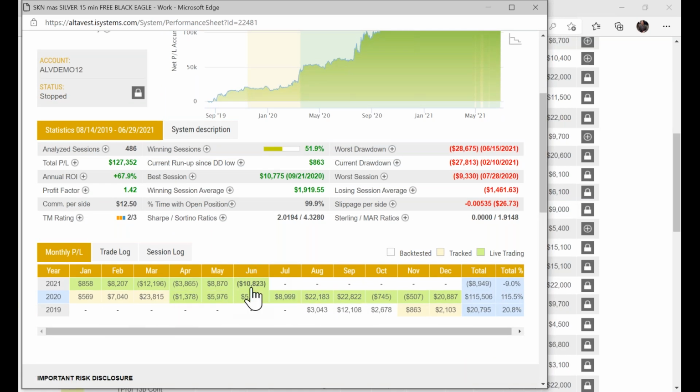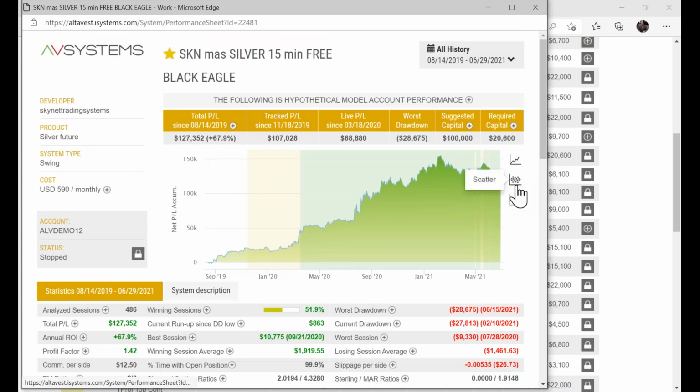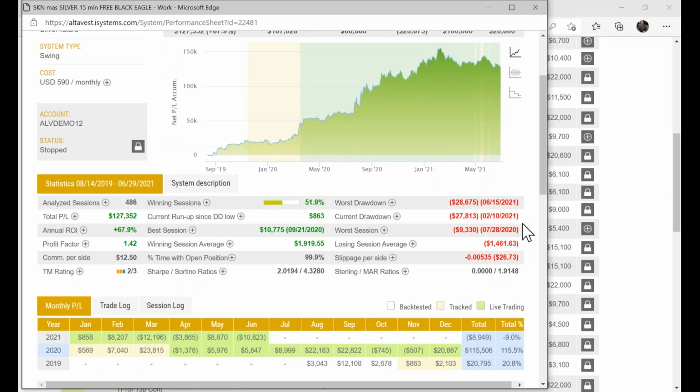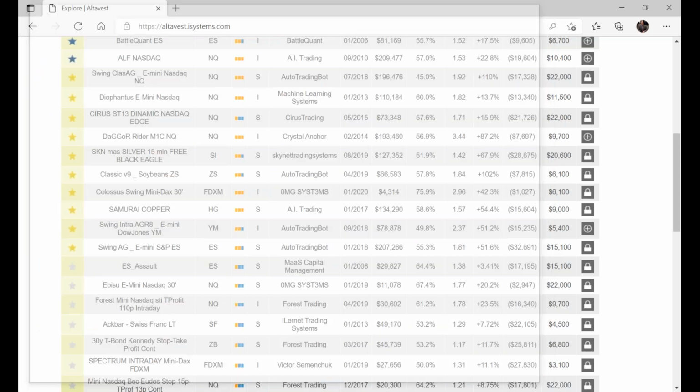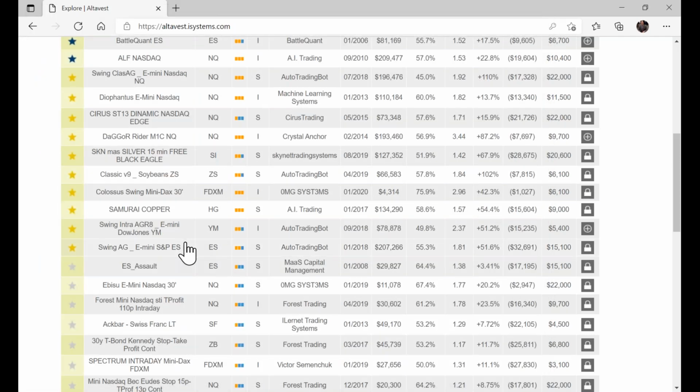Great year last year. Year to date now, it's down about 9%, so not so good. So that's why it's important to just be aware that the performance of any kind of trading, of course, is going to have peaks and troughs. So the timing, of course, can make a difference as to when you activate that system or not.